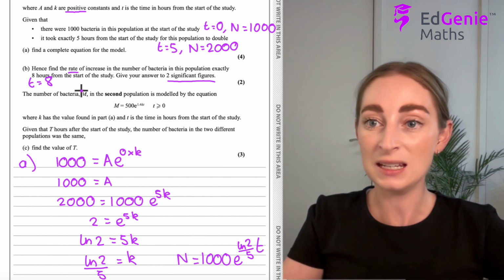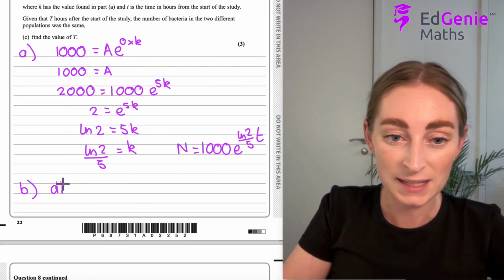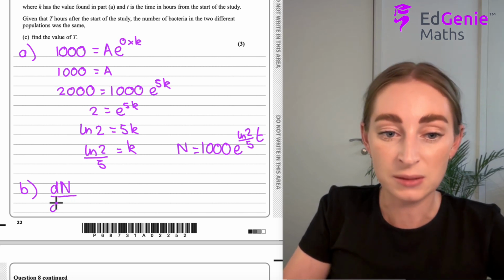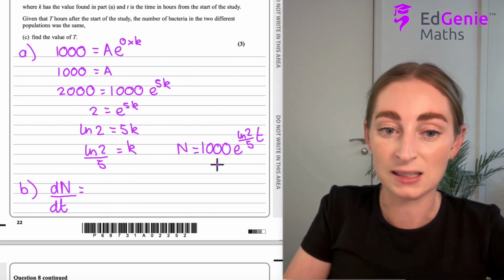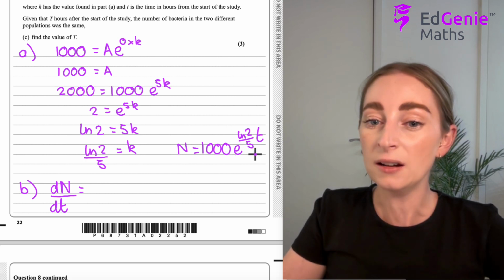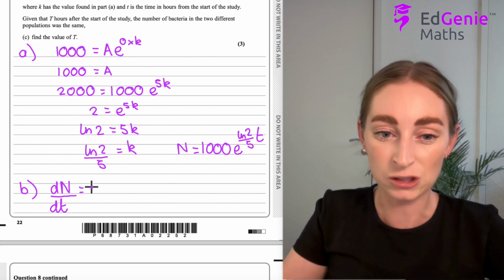Hence, find the rate of increase. So we're going to need to differentiate. So we're actually going to be finding dN, because it's in terms of N equals, divided by dt, because it's in terms of t. Now, it's quite a nice one actually, because it's an exponential, so it looks tricky to differentiate, but it's actually not too bad.